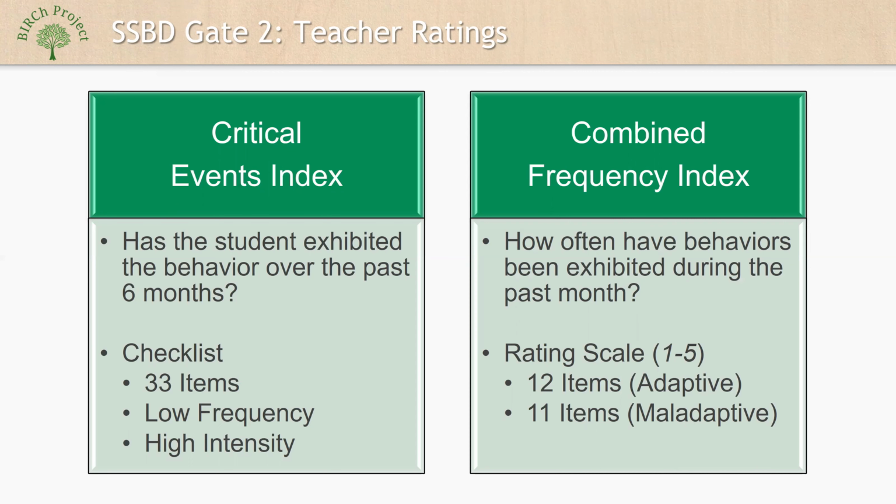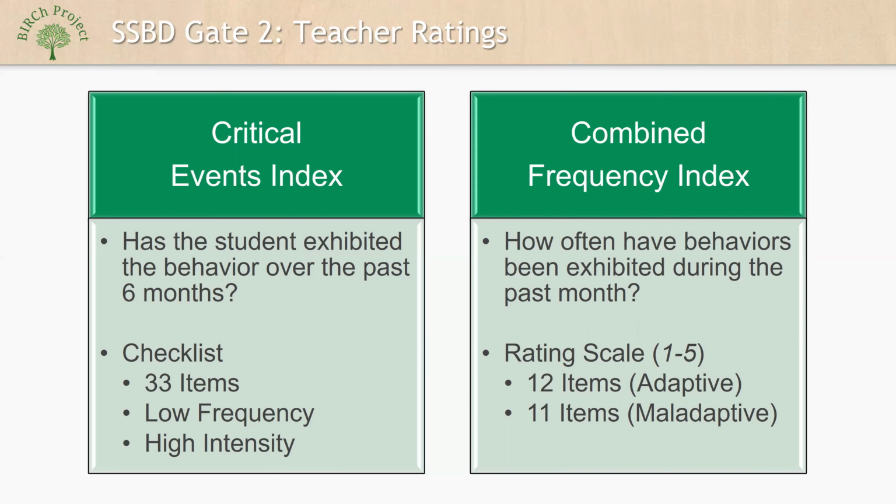So the teacher fills out this critical events index for each student that has passed through the first gate into this phase. The teacher also fills out something called the combined frequency index for each student, which is a more traditional rating scale that includes 12 items related to adaptive behavior and 11 items related to maladaptive behavior.